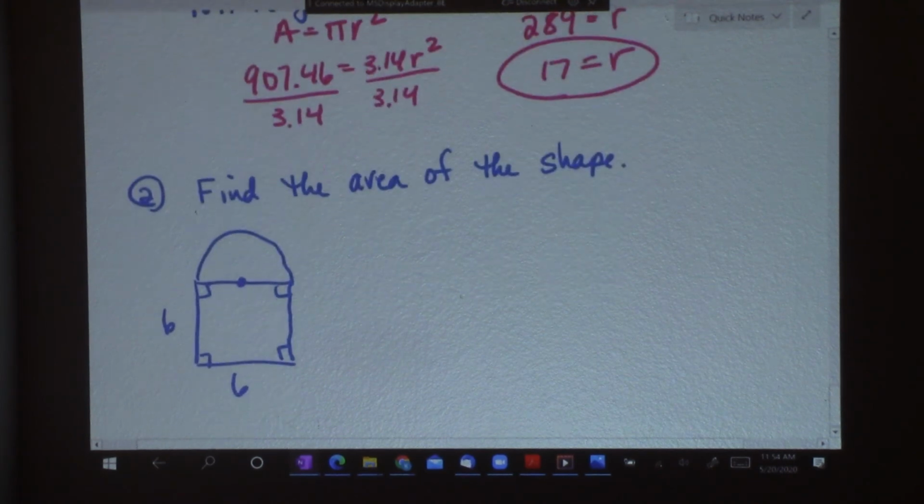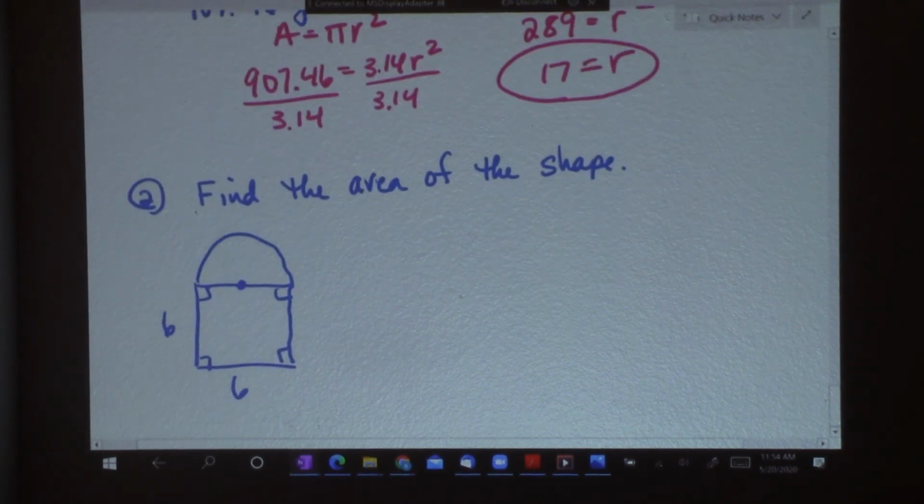All right, down here, I need to look at my shape. My whole big shape is equal to my square plus my semicircle. That's going to give me the whole thing. So I want to find the area of this and the area of this, and this time I'm going to add them together.